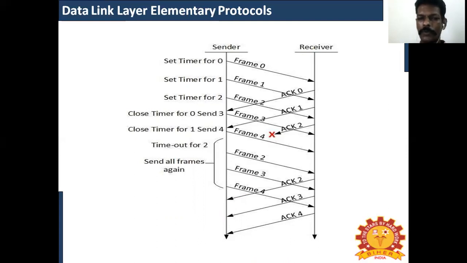ACK2 for frame 2 is not received from the receiver machine by the sender. At that time, I retransmit, since frames 0 and 1 are successful, frame 2, frame 3, frame 4. After the successful transmission, I got frames 2, 3, 4 acknowledged. Right.